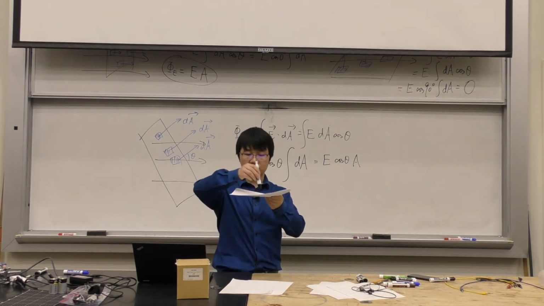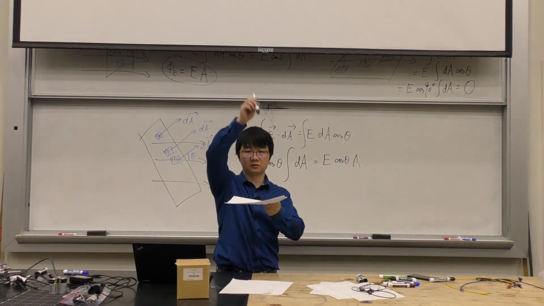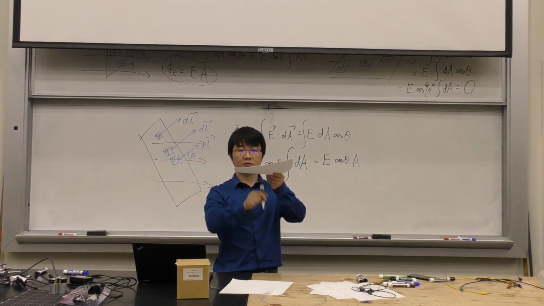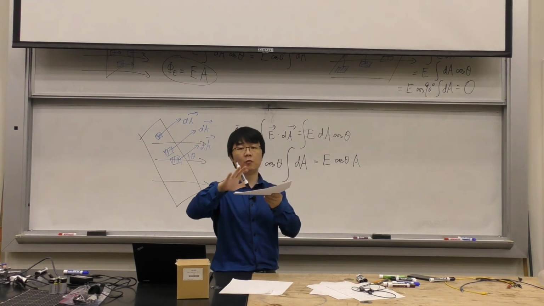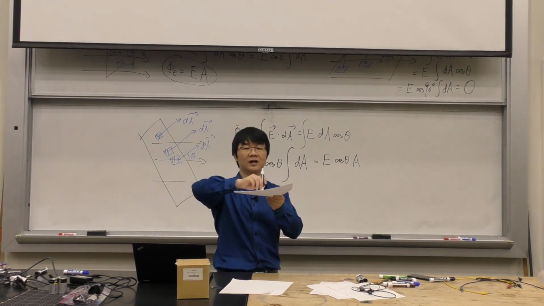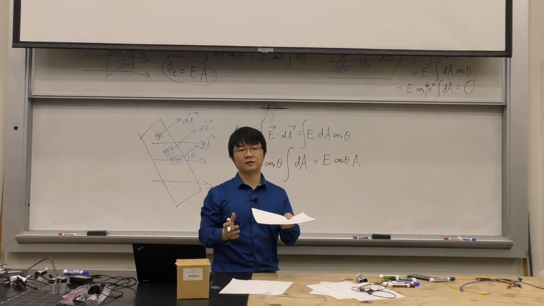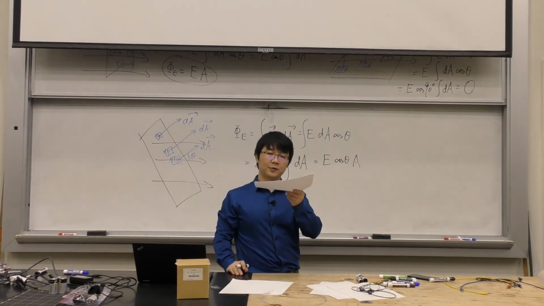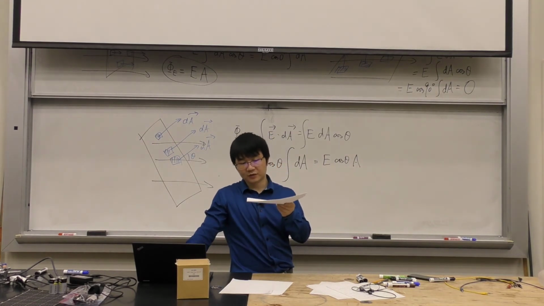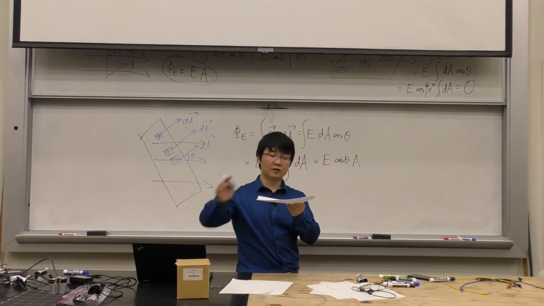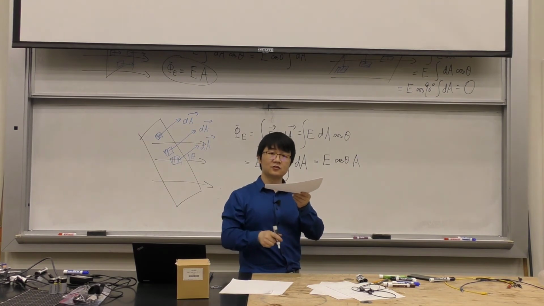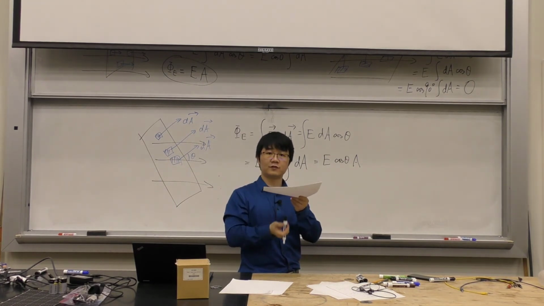I showed you this direction, but there's nothing wrong if I say this is also the direction of dA. For any surface, even if our definition is perpendicular, I can draw a normal vector in two ways, and that's still going to make this theta angle different.